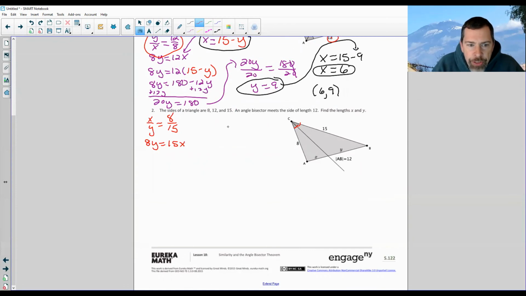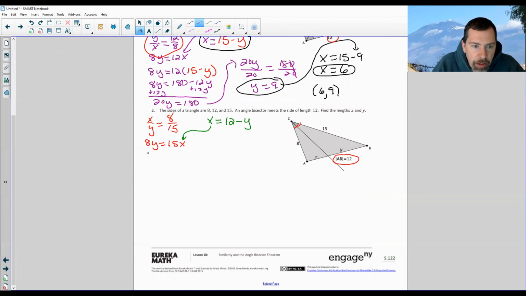Now we need to solve for either x or y. It doesn't matter which. How about we solve for x? I know that x is the total minus the other piece. So off to the side here, I'm going to say x equals 12 minus y. And when I do that, I can substitute in for x.